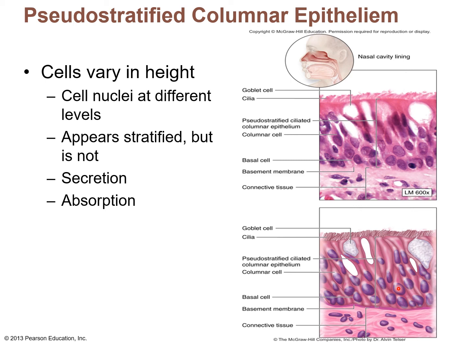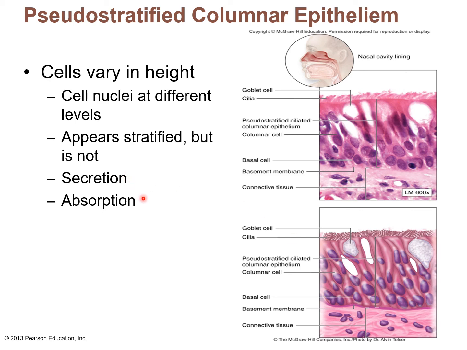Now, would you say a pseudostratified function is for protection? No, because it is not made out of multiple layers. It's really a very thin, single-layered tissue. Therefore, whenever you see pseudostratified, function-wise think of secretion and absorption.